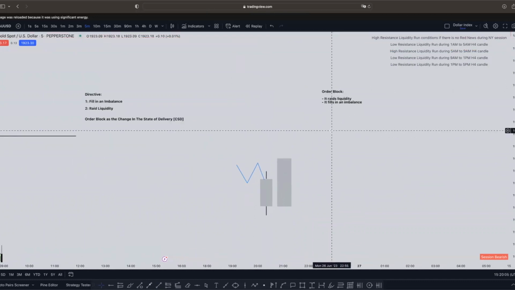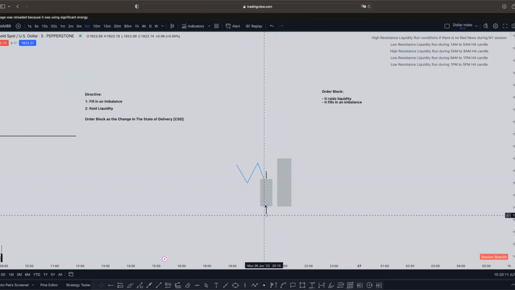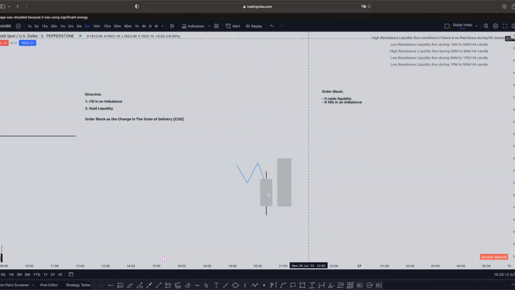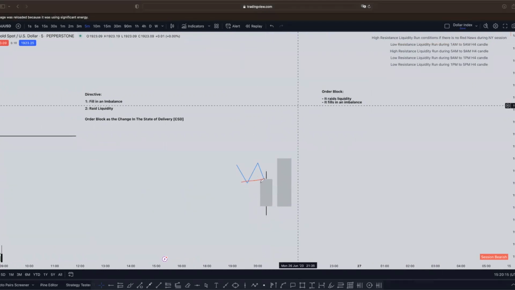Why is it being called that? In this case, this is a down close candle, so there's bearish sell side delivery going to the lows. Then suddenly we are met with buy side delivery that encompasses this and closes above it. That's a change in the state of delivery.